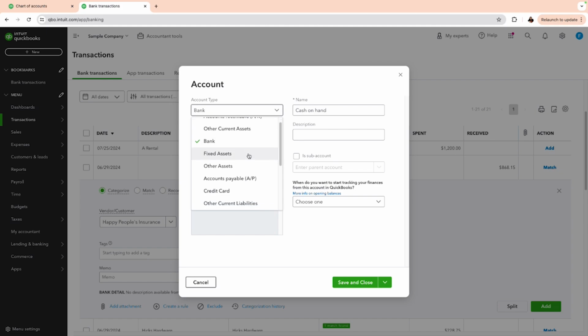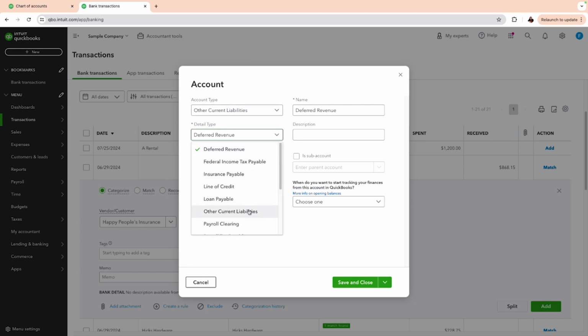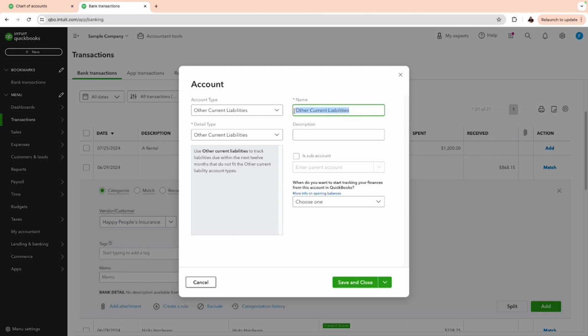In this case, it's a case, right? So other current liability, and I'm gonna call it case settlement, two T's, slash, and then I'm gonna put the name of the client.